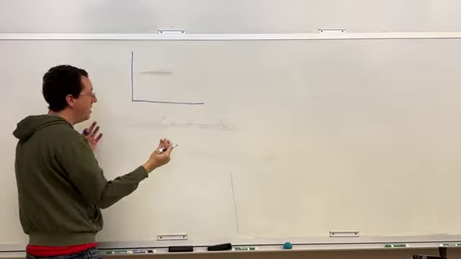Let's find the distance between 0 and 4 seconds. Think about that for a little bit. And then find the average and instantaneous speeds.